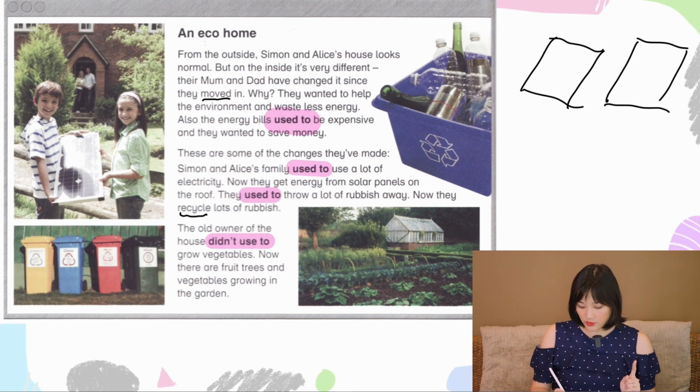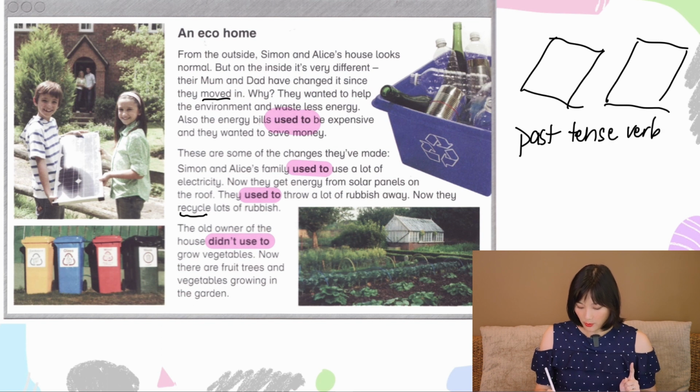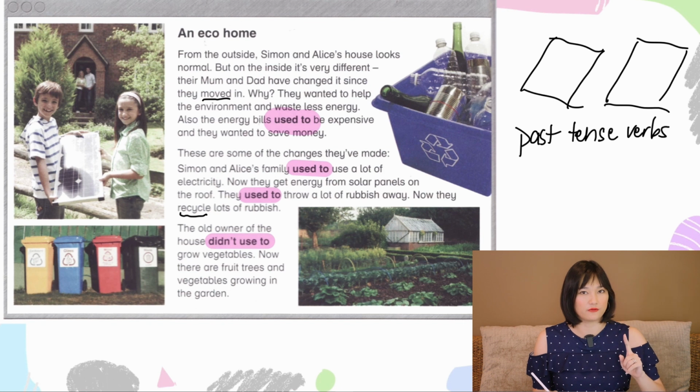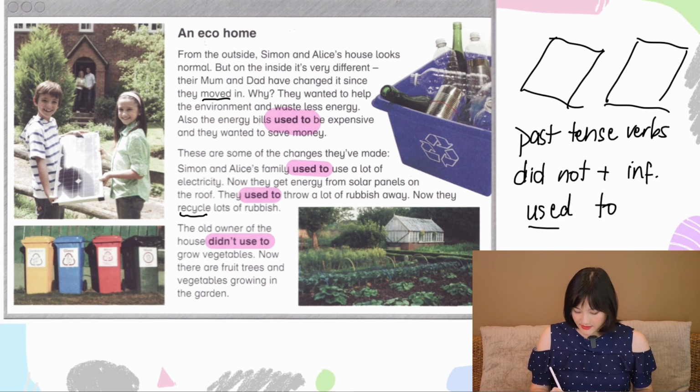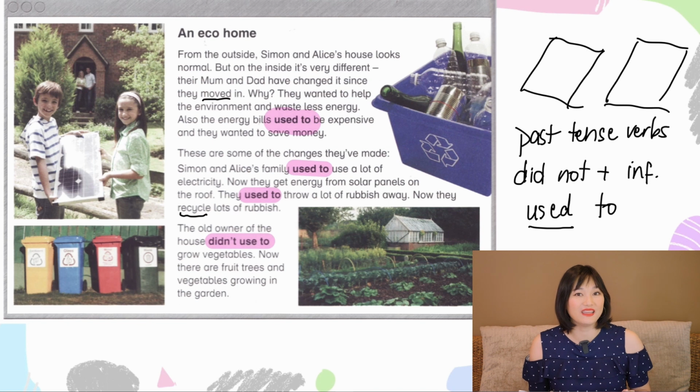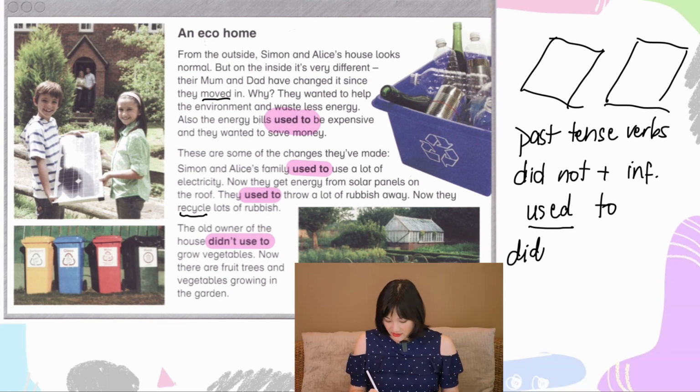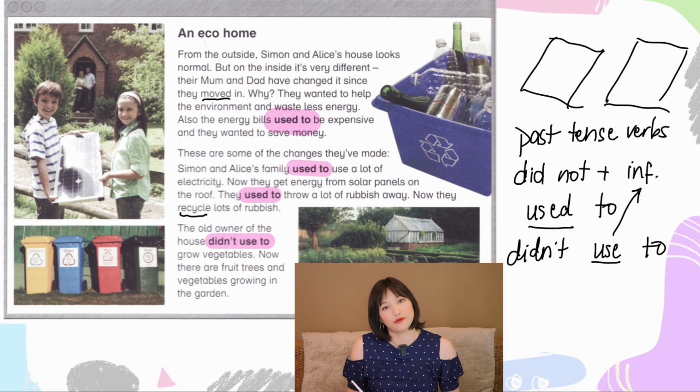Now past simple, as you know, it's the past tense verbs. But whenever you use the negative form of sentences, you would use "did not" plus infinitive verbs. It means that, for example, you say "used to," this is the past tense verb, right? But when you say "didn't used to," you see this one? It comes back to infinitive.